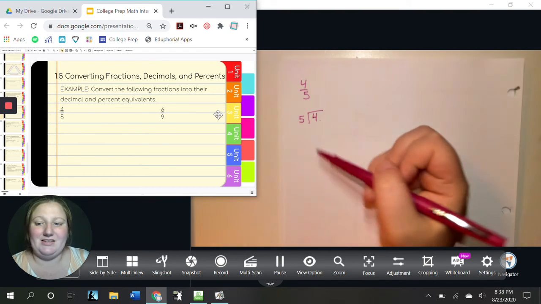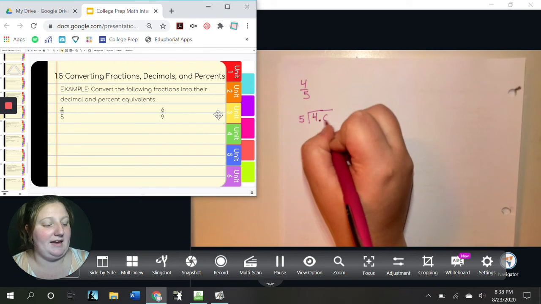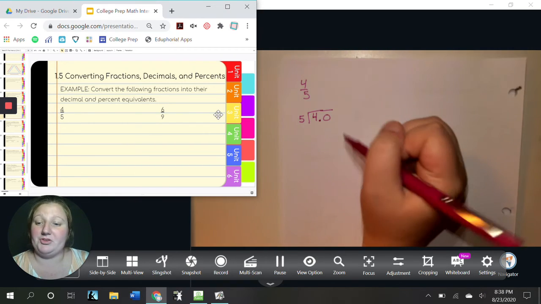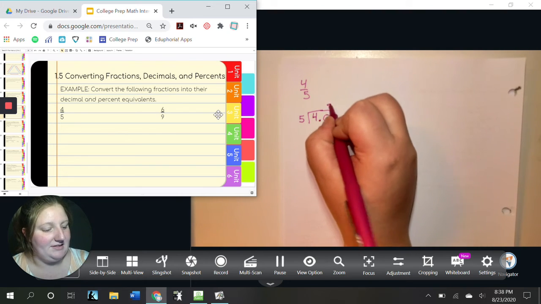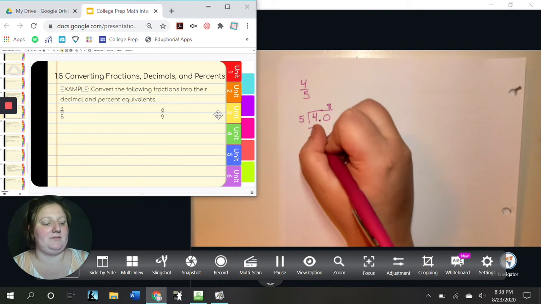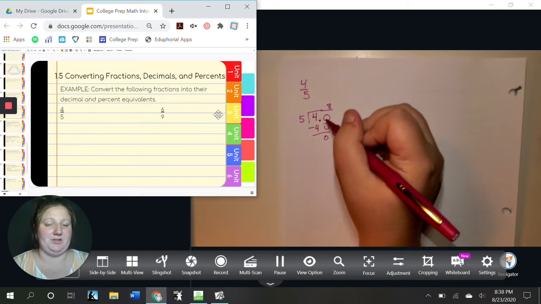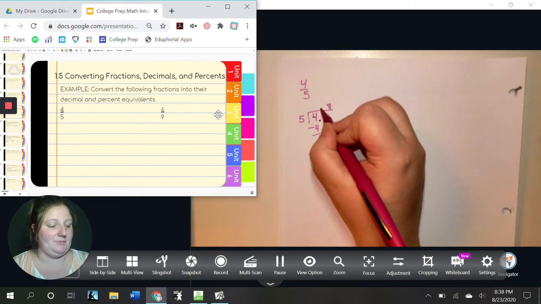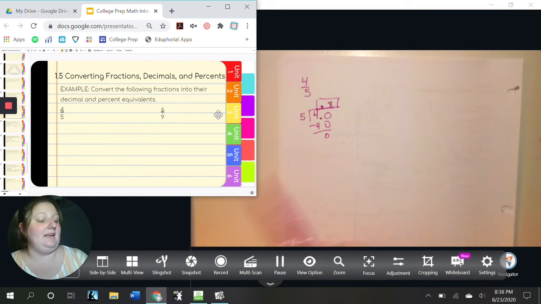Well, 5 doesn't go into 4, so we have to add a decimal after 4 and then add a 0 after that because we need more numbers to try and divide into. 5 goes into 40 eight times, and then we subtract. 8 times 5 is 40. 40 minus 40 is 0, so we're done. We just have to remember to bring up our decimal. So 0.8 is the decimal form of 4/5.